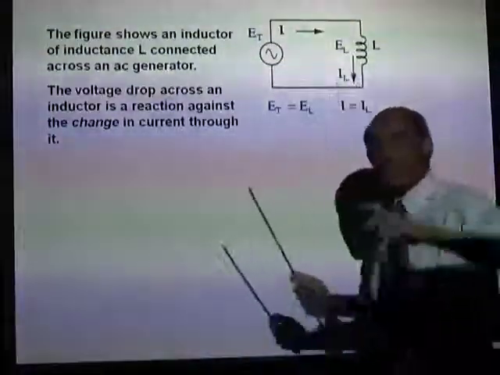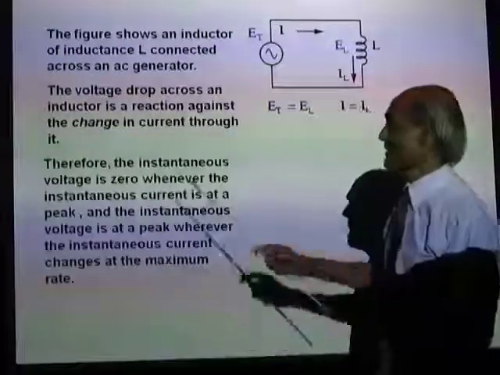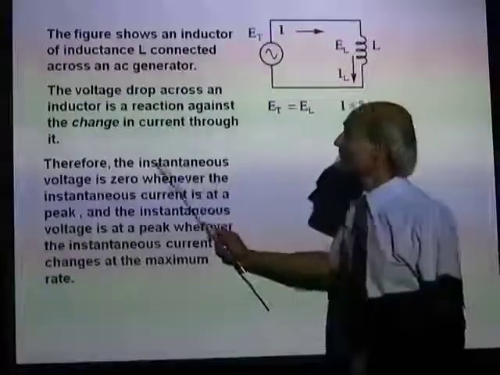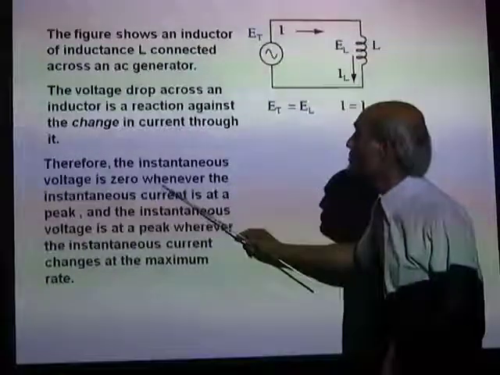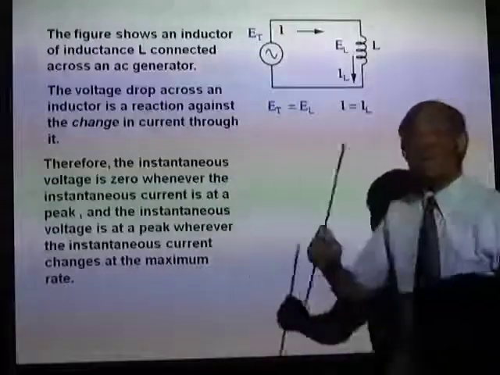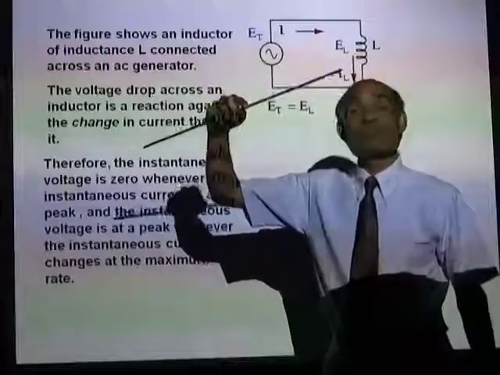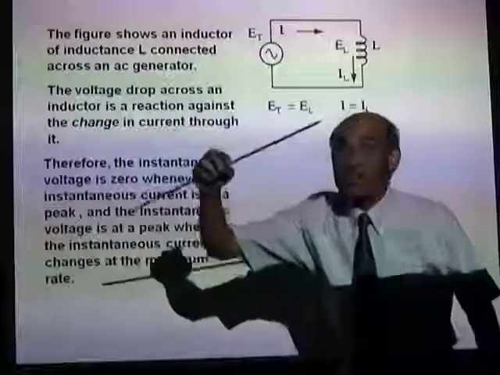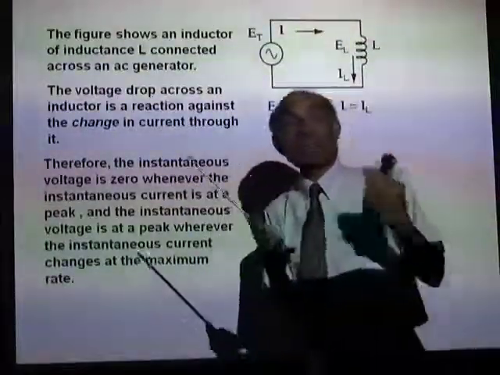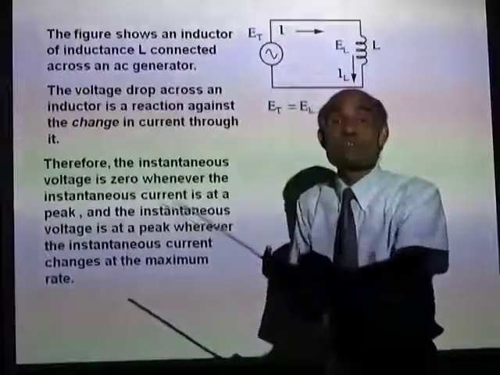That means the inductor will be continuously opposing it. Therefore, the instantaneous voltage is zero whenever the instantaneous current is at a peak. When the instantaneous current is at a peak, the current is not changing. Only a changing current will produce an induced EMF.